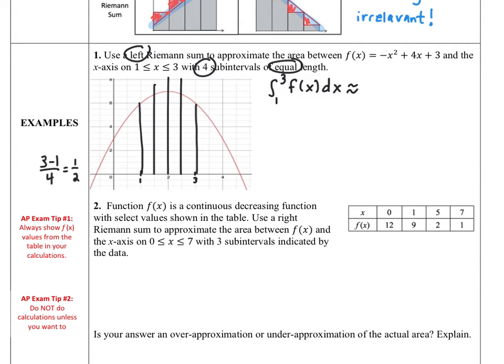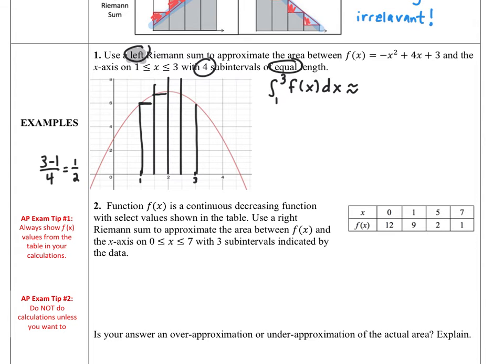With a left Riemann sum, what that means is I'm going to draw the tops of the rectangles on the left side. So I'm going to travel up the left side of this first rectangle. When I hit the graph, that's where I draw the top of the rectangle. I do the same for the second one. I travel up the side, where I hit the graph, I cut across and I draw rectangle number 2.